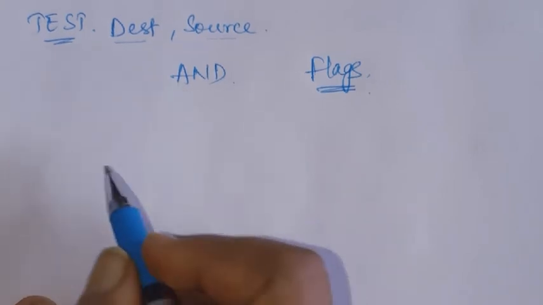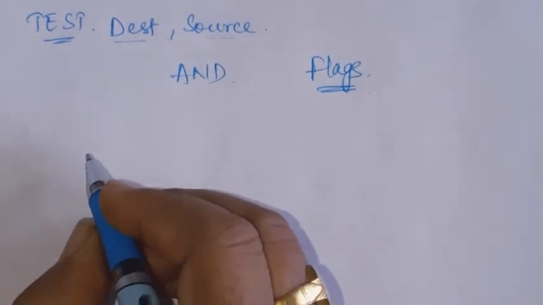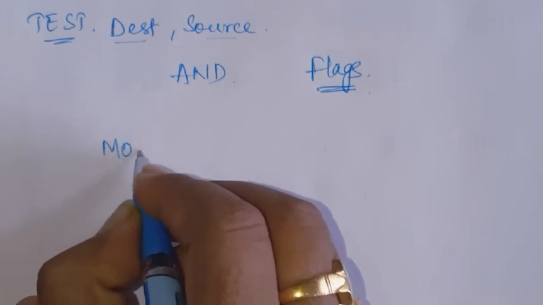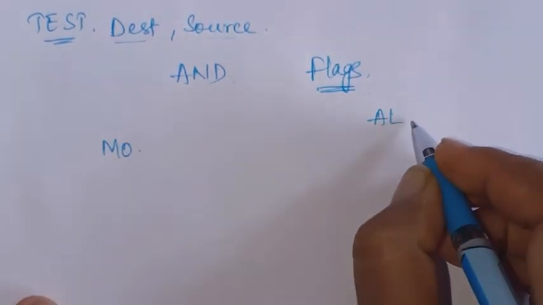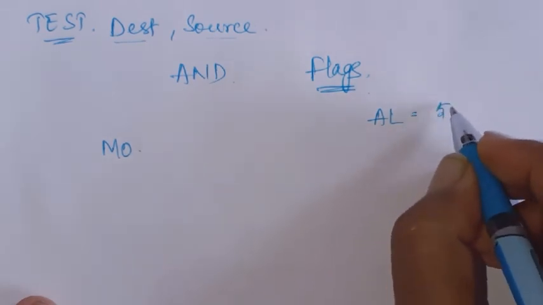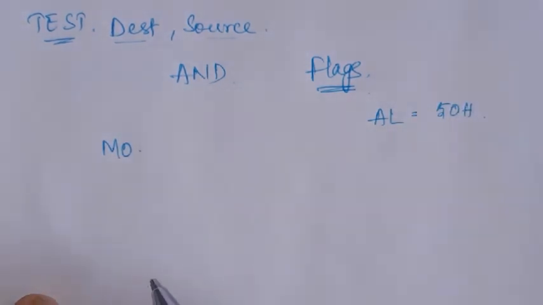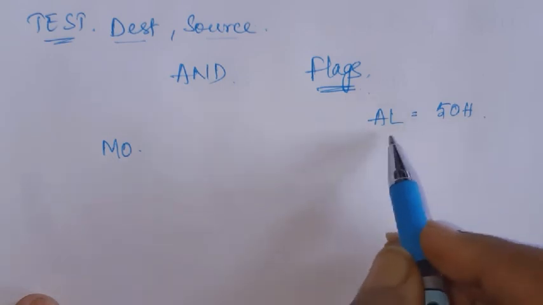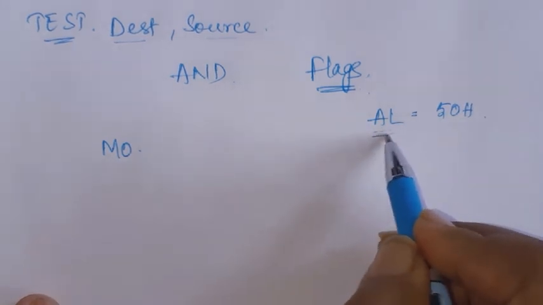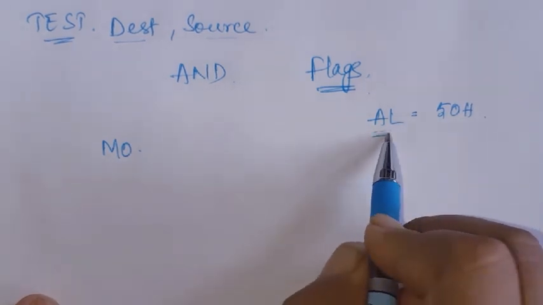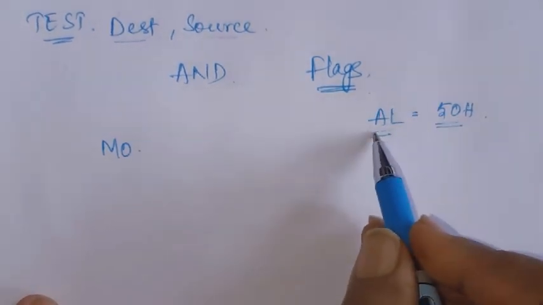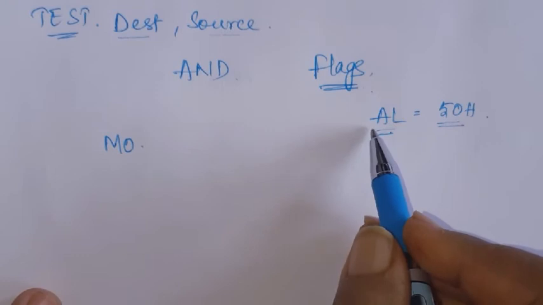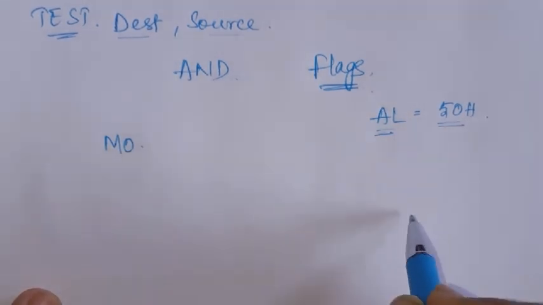Okay, so here let us suppose I have some data read from memory into the AL register, and I want to check whether this data is even or odd.